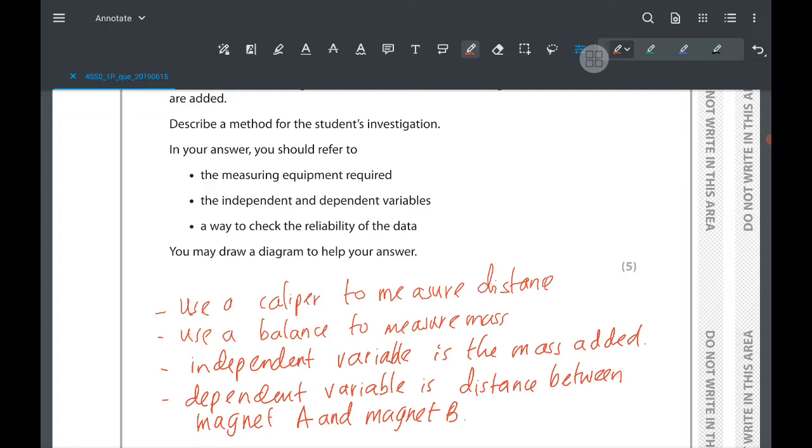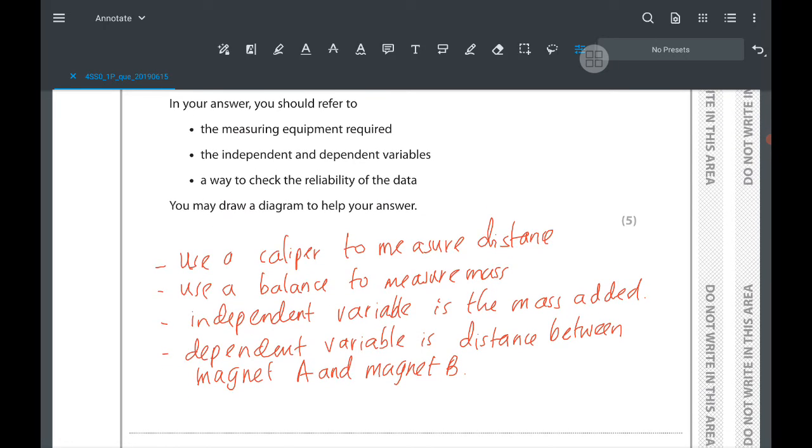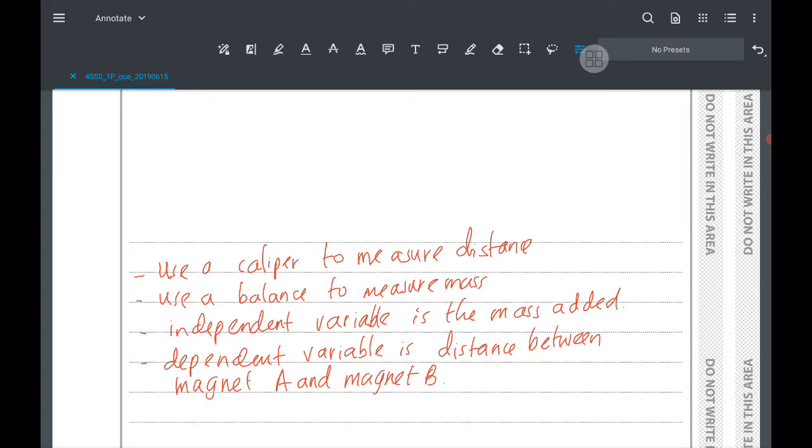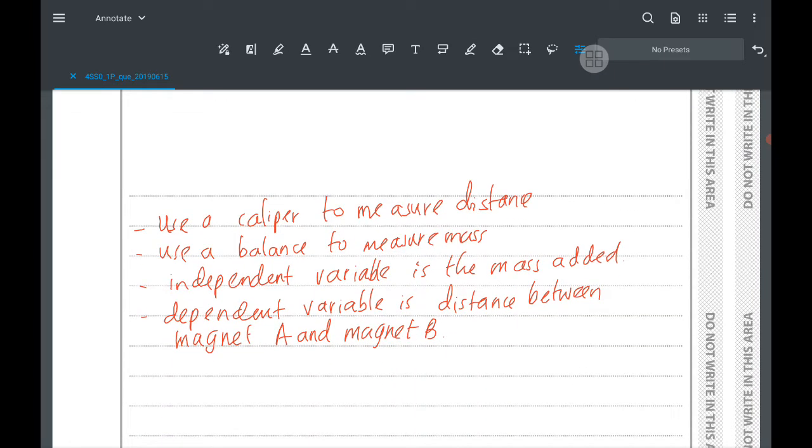Then we need to include how do we improve this experiment and ways to check the reliability of the data. So, next point we will write down: repeat the readings and find the average value.